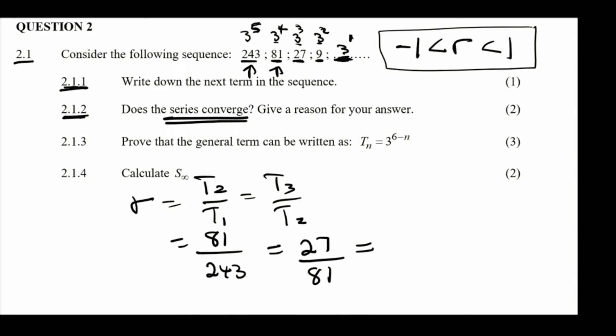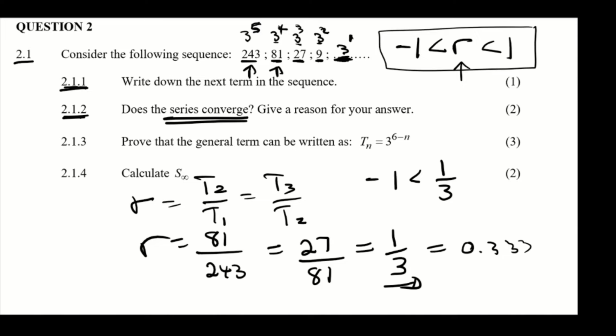So you should find r to be 1 over 3 if you punch your calculator. So this is the value of r. This 1 over 3 is 0.333, which definitely tells us that it lies between -1 and 1. So you can conclude by saying 1 over 3 lies between -1 and 1. This can be your final solution of this problem here.